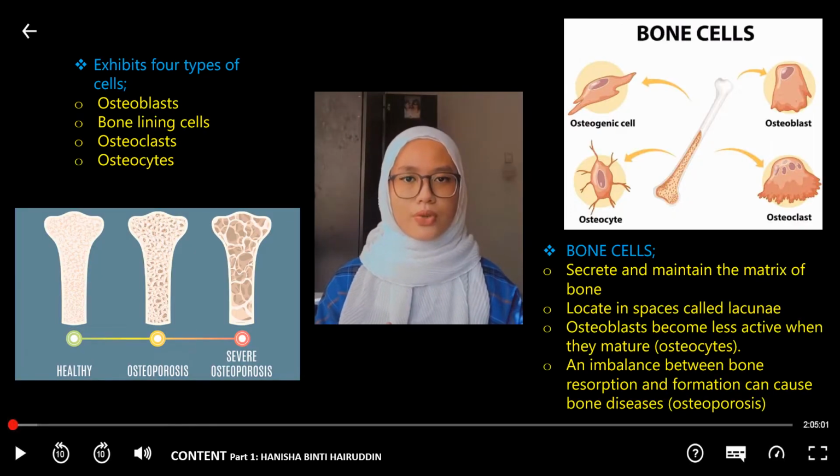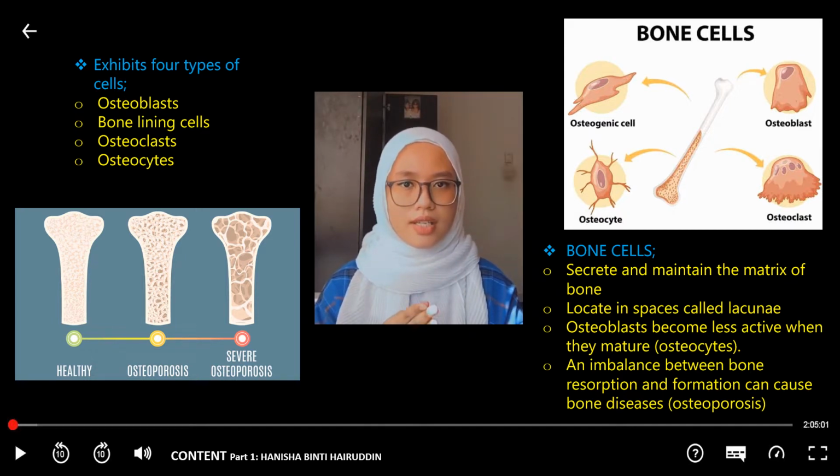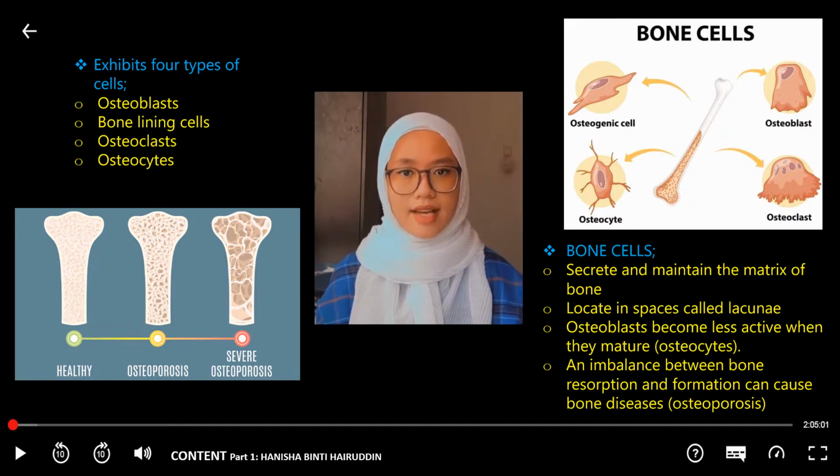Next, the bone also exhibits four types of cells. The first one is osteoblasts for bone formation. The second one is bone lining cells that play an important role in coupling the bone resorption to bone formation. The third one is osteoclasts for bone resorption. And the last is osteocytes for mechanosensory and orchestrators. Next, there is some additional information about the bone cells.